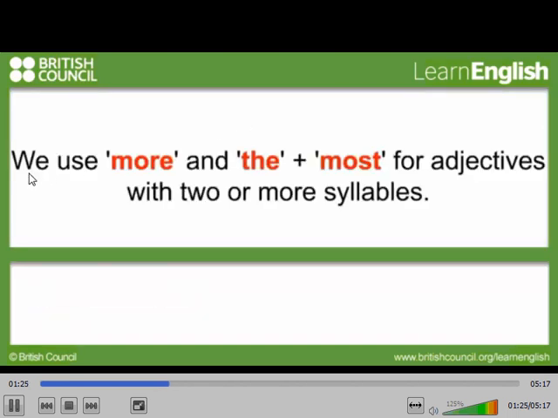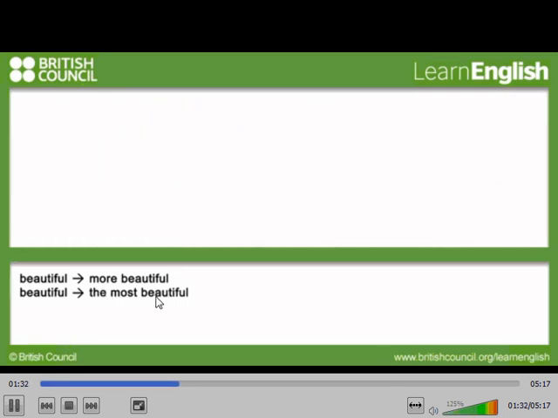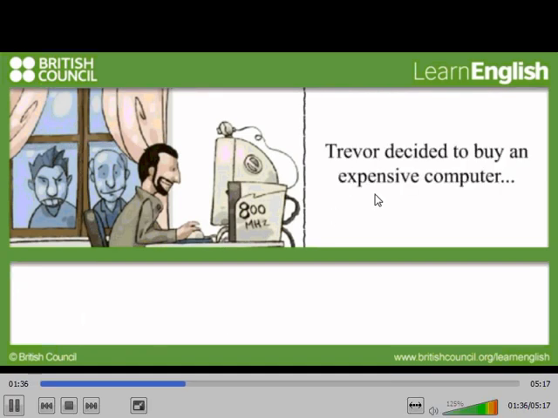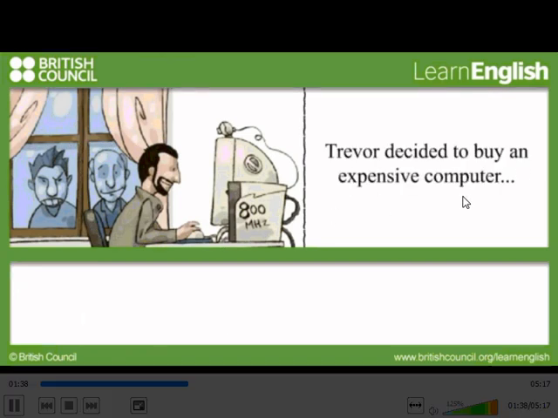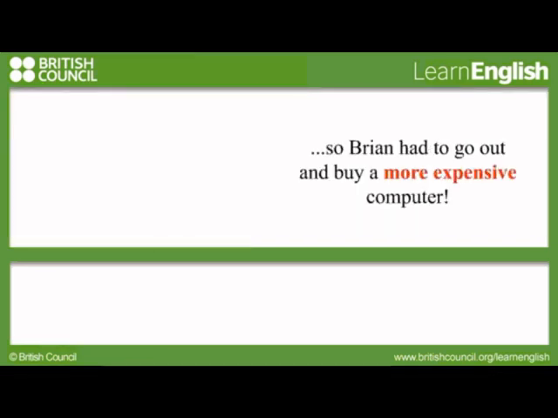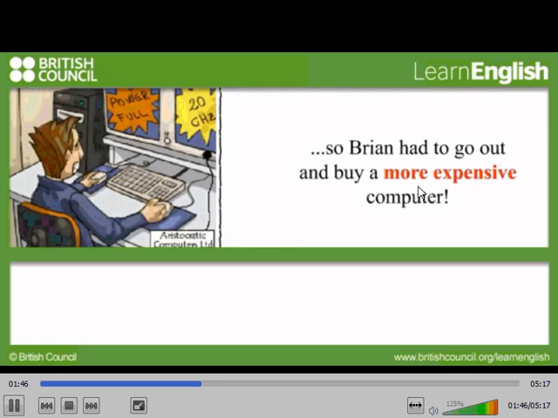If it's a short adjective, we add er or est. If it's a long adjective, comparing between two, I put more, and for superlative, I put the most. So Brian had to go out and buy a more expensive computer, because we are comparing between two computers.